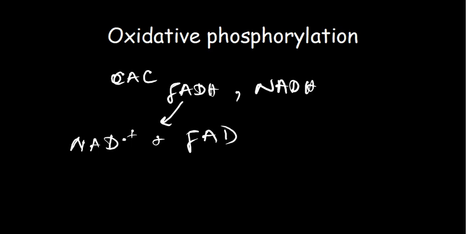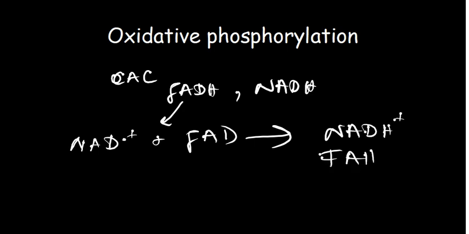As they donate electrons, this is in order to form energy-rich reduced coenzymes, NADH as well as FADH.